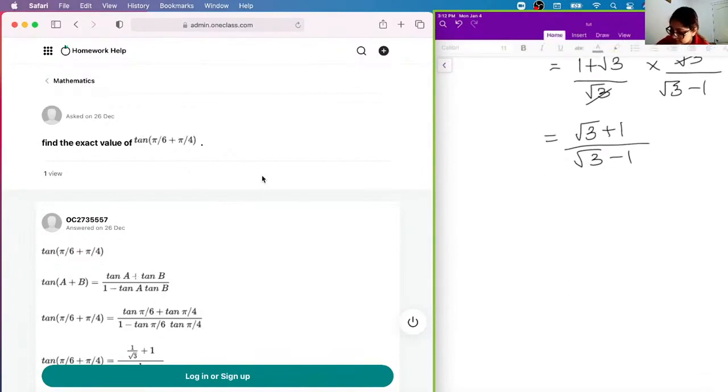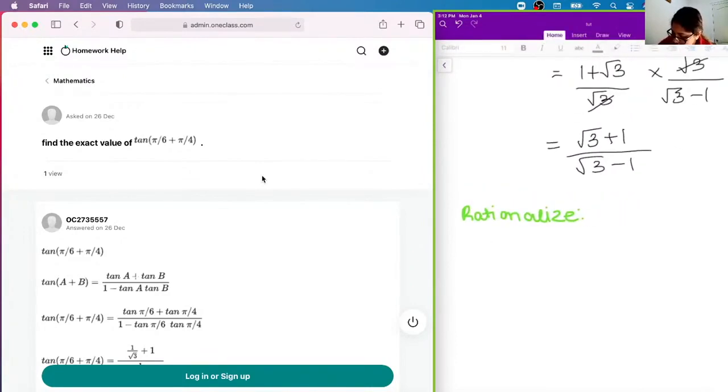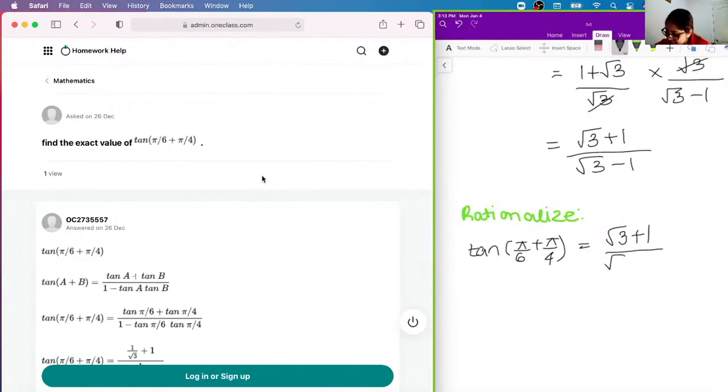Let me write this out: tan of pi over 6 plus pi over 4, and what we got is root 3 plus 1 over root 3 minus 1, right?